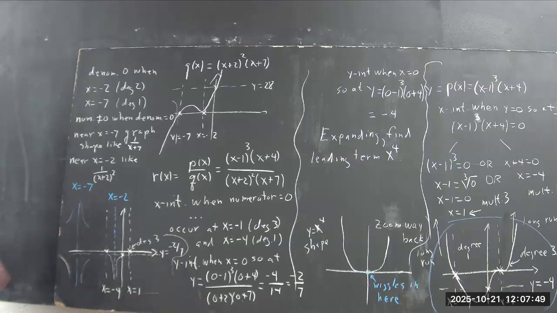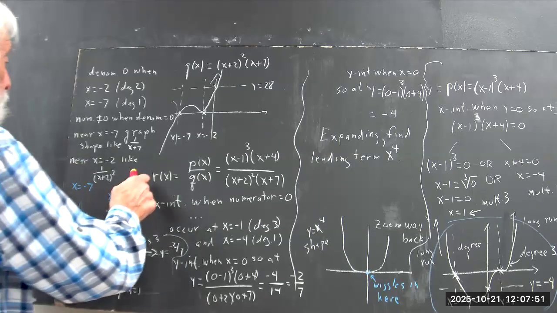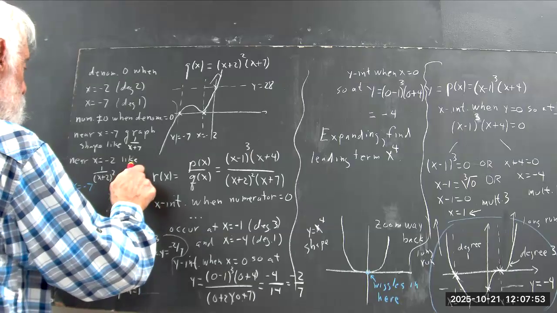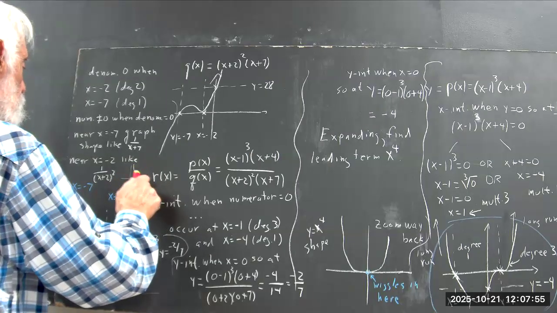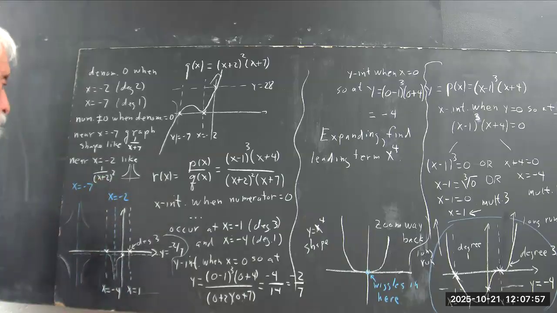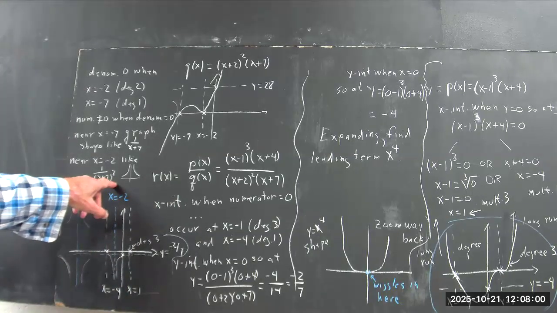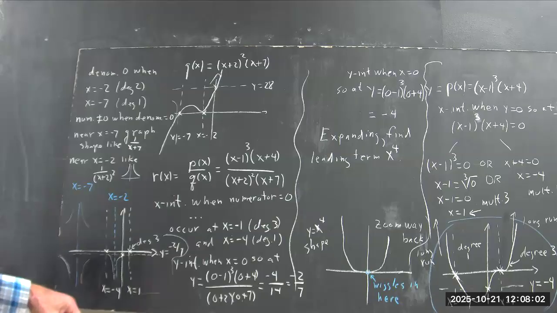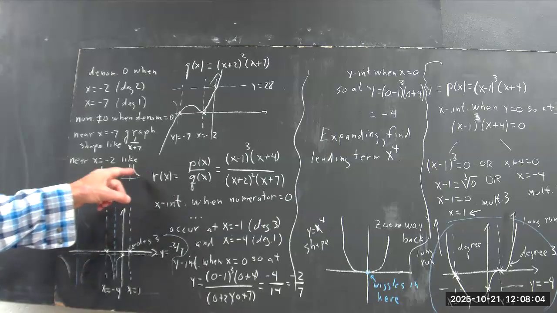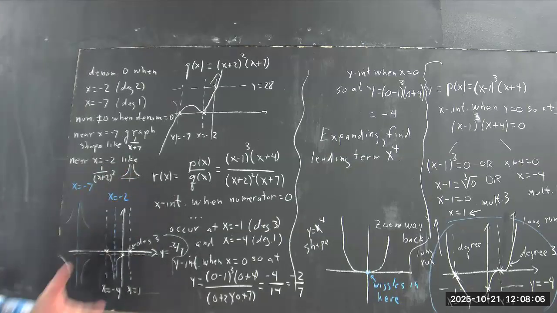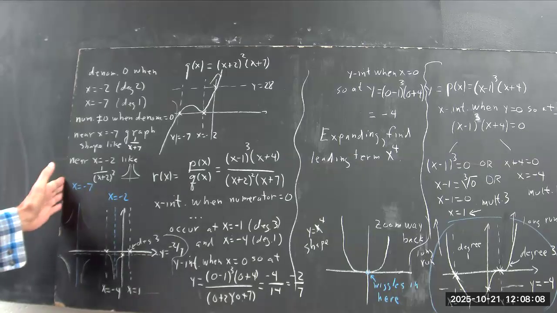Okay. Now the graph of 1 over x plus 2 squared is a lot like the reciprocal function, except you're squaring this. So it's going to be kind of steeper, and it's going to be positive on both sides of the y-axis, the asymptote.